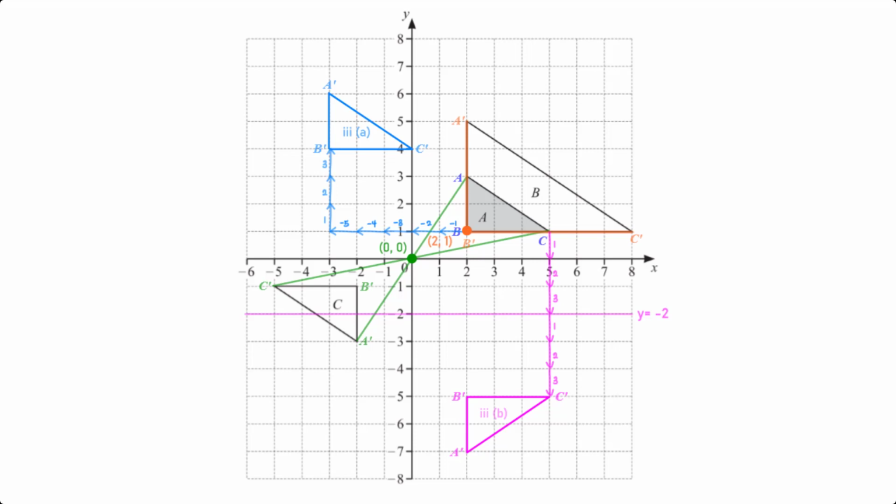This means if we pick point C on triangle A, since we move 3 units downwards to touch the line of reflection, we also need to move 3 units downwards from the line of reflection to pin the new position of point C. After repeating the same process for all the vertices on triangle A, we are now able to map out the reflected image of triangle A.